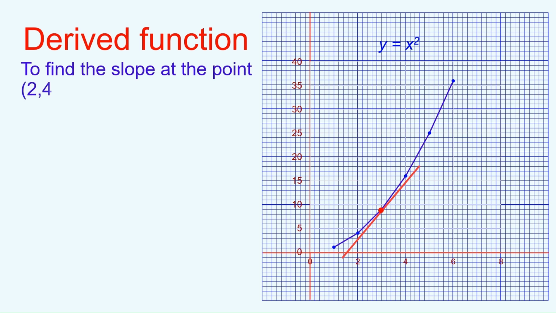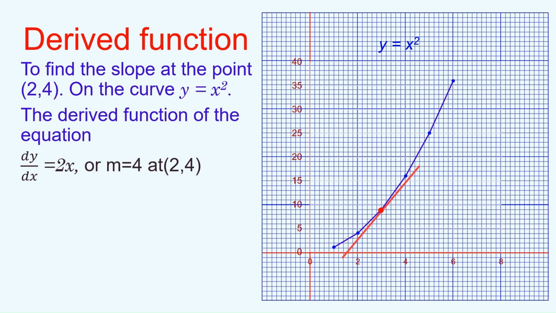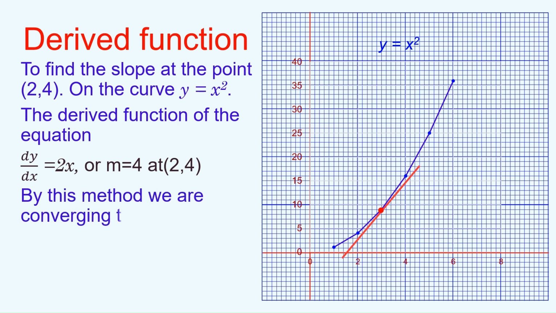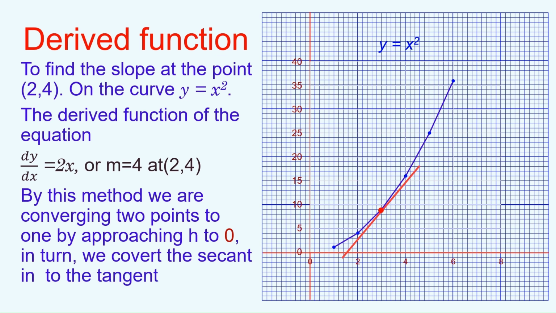To find the slope at the point (2, 4) on the curve y equals x squared, using the derived function of the equation dy/dx equals 2x, slope m equals 4 at (2, 4). By this method, we are converging 2 points to 1 by approaching h to 0. In turn, we convert the secant into the tangent.